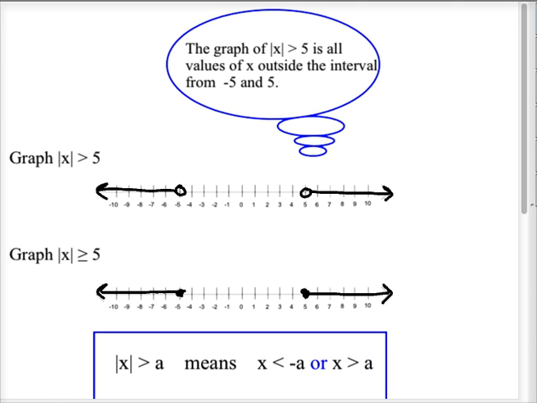So to write these isn't quite as fun or neat as writing the less than ones, but essentially what you need to picture is greater than means you're extending outward. So what that means is you're solving the inequality here. You want to be less than the negative or greater than the positive.